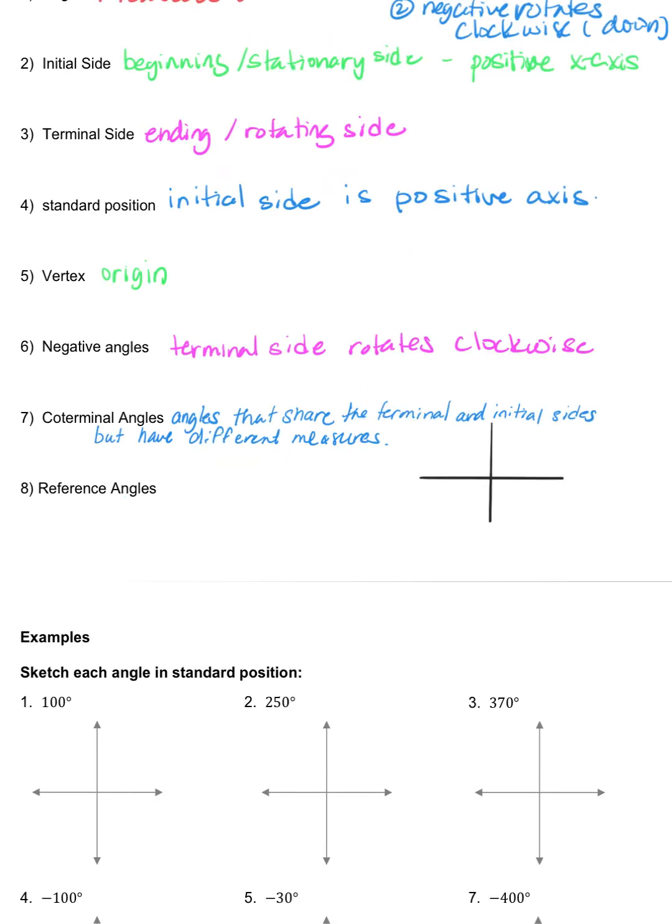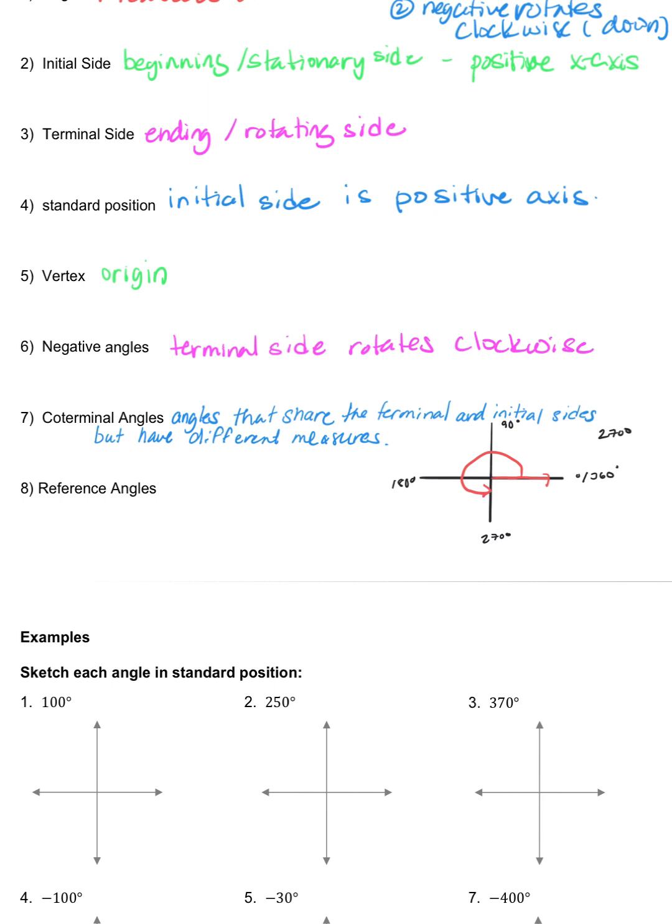Okay, so I just drew this coordinate plane, this coordinate grid, and then I drew 360. Let's just say the angle is 270 degrees, okay? So 270 degrees, like I did earlier, starts here and goes all the way around to here, okay?